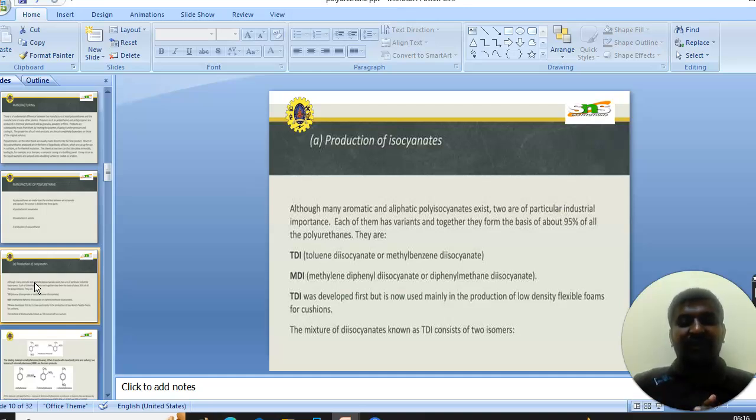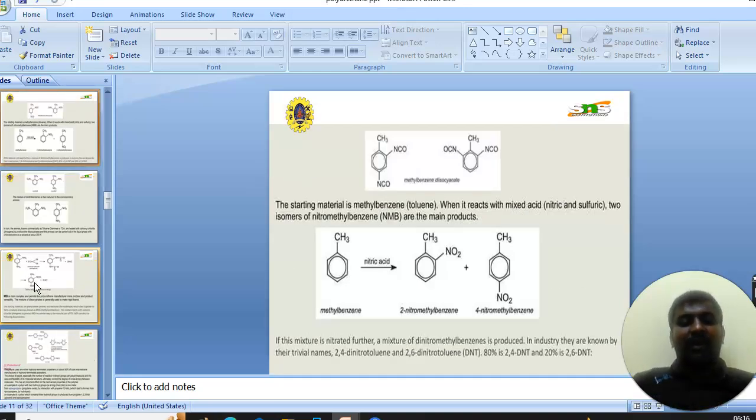The mixture of diisocyanates known as TDI consists of two isomers. The starting material is methyl benzene, toluene. When it reacts with the mixed acid, two isomers of nitromethyl benzene are the main products.